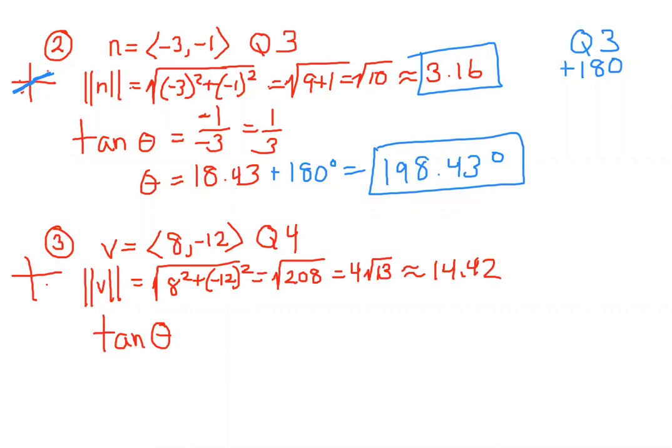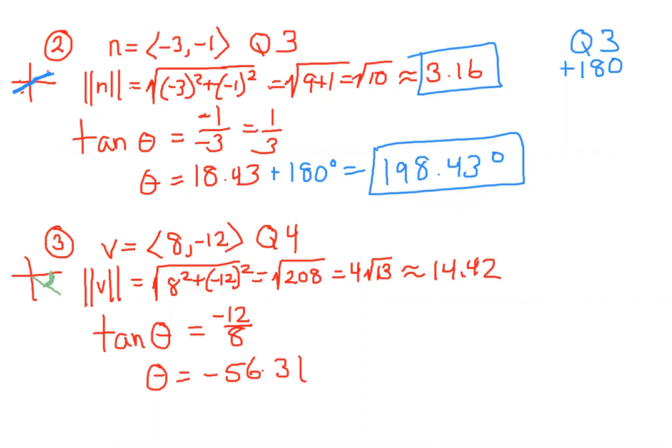Our direction angle: tangent equals -12 over 8. So you put that in your calculator, and you get theta equals -56.31. But we don't want a negative angle. We want a positive angle. That's giving us this angle right here, the negative of it.